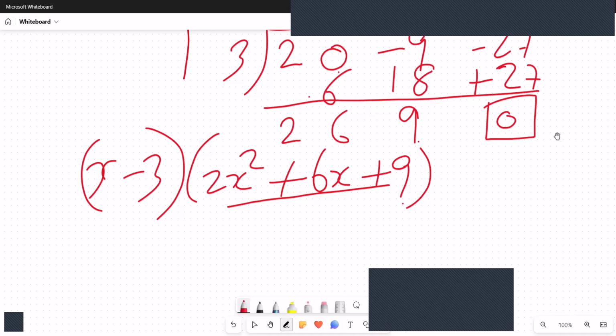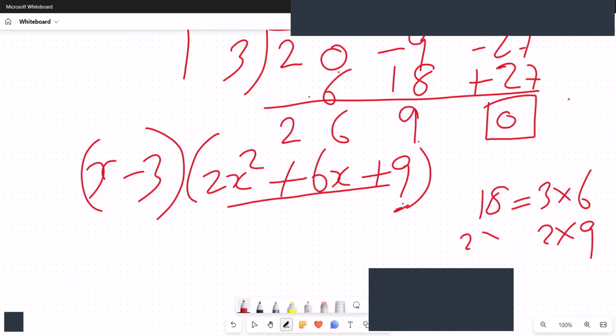There's no way 3 plus 6 can give me what I need. The factors are 3 times 6, 2 times 9. These are the only 2 options, so the next thing I want to do is try and solve this by the quadratic formula and find my factors.